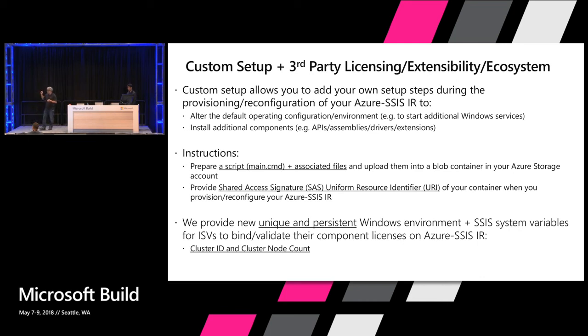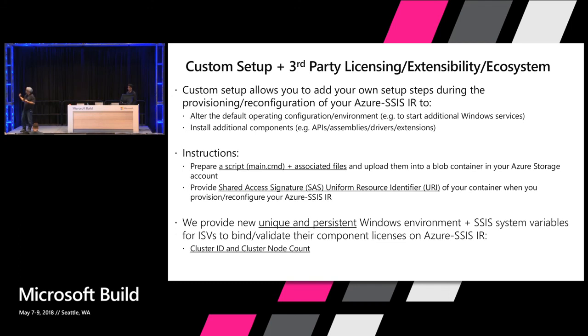And for third party, for ISV, as you know, IR is actually very volatile because customers can resize, scale out, scale up the nodes. So the traditional way for ISVs to bind a license using machine name, a MAC address, etc., is not applicable anymore. So we actually provide a new way for ISVs to license their components on SSIS IR.